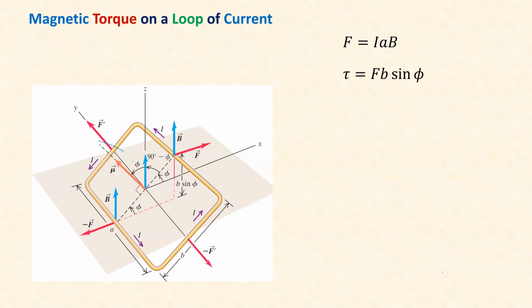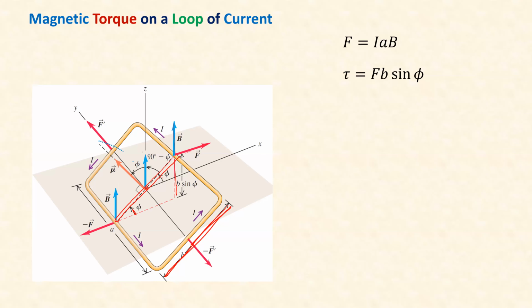And then the torque it applies around this point is this force that I highlighted here times the perpendicular distance, which compared to this one is F times b. You see, this is b, which is this distance, times sine of phi, which is this distance.